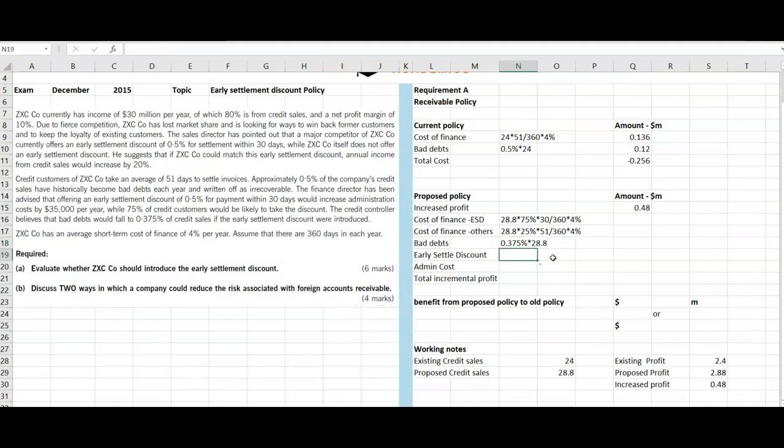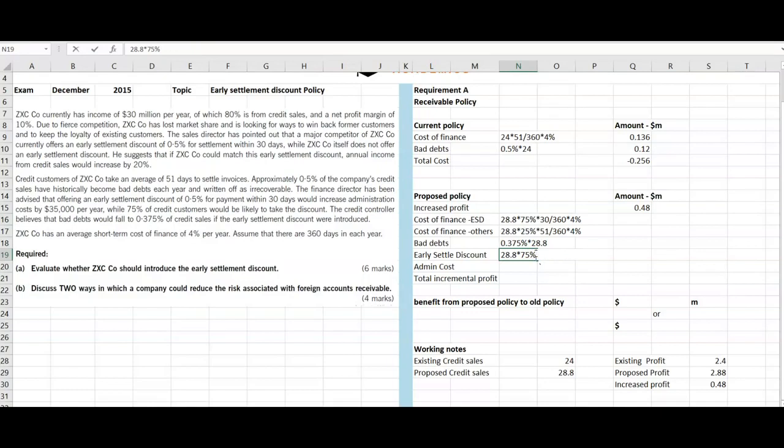And we'll start from the early settlement discount. So early settlement discount, we can copy this and we can do. Out of the 28.8 of sales, 75% of the customers are going to accept this. Okay, so we don't need to calculate the days for this or the interest.